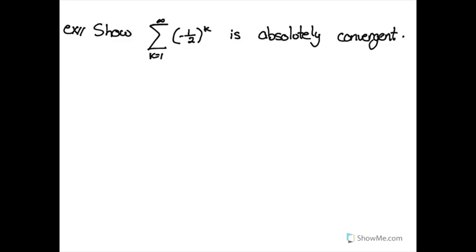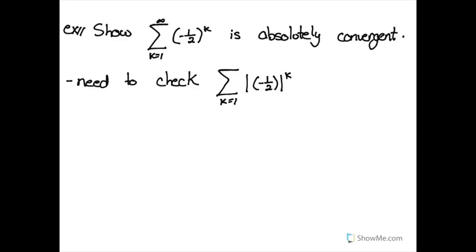But absolutely convergent and convergent are not the same thing, right? By definition of absolutely convergent, what we need to check is that the series of the absolute values, so absolute value of (-1/2)^k, converges.